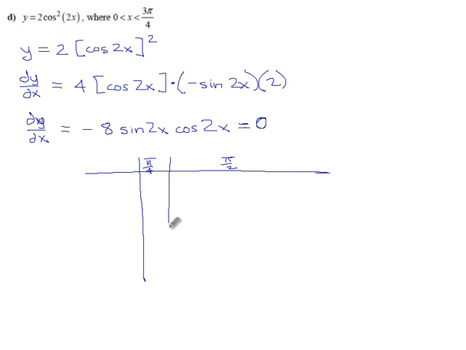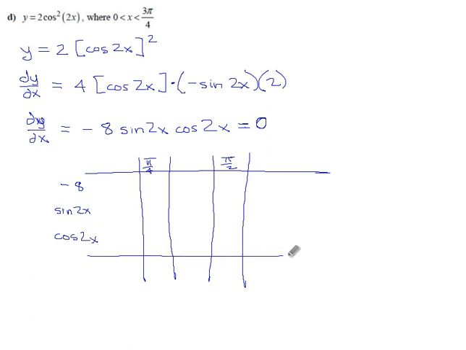And let's see how our derivative behaves as we look at those. So our derivative is made up of a negative 8, a sine 2x, and a cosine 2x. We'll look at the signs of all of those things individually, and then we'll combine them to find the sign of dy dx.